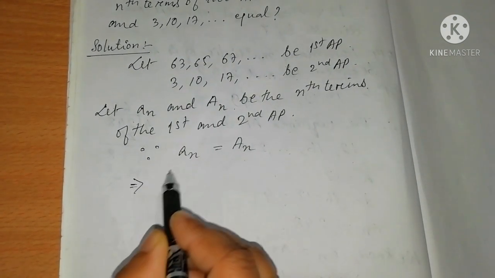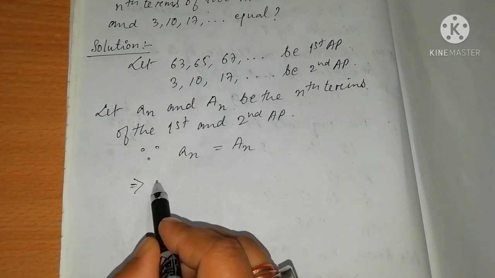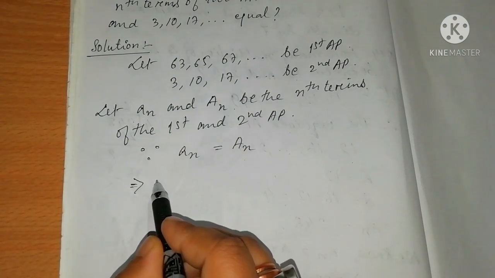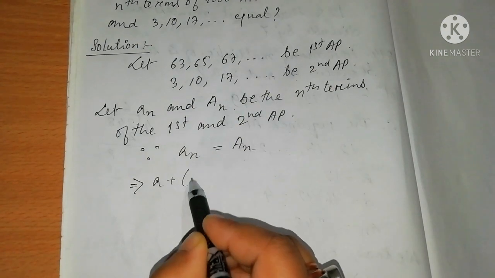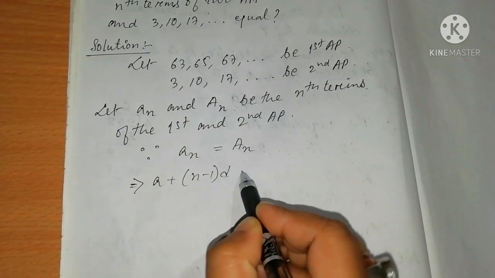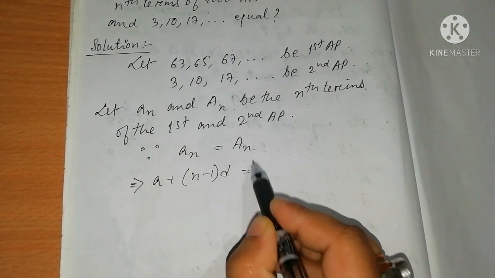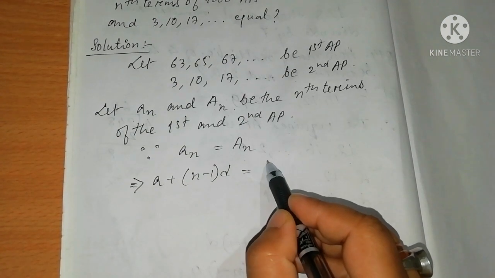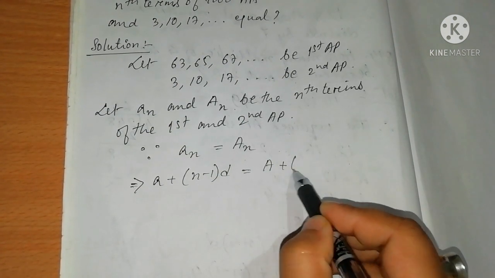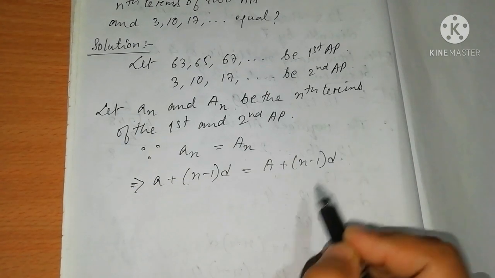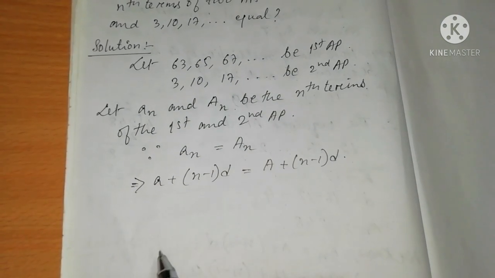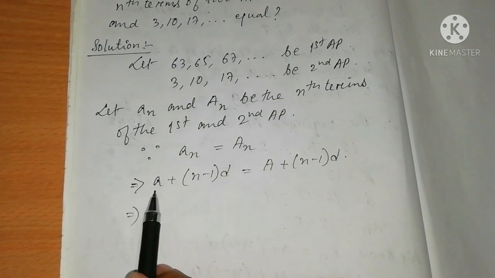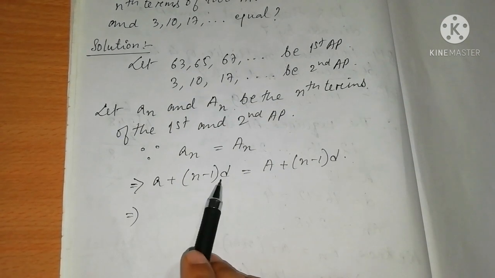For an we can write A plus n minus 1 D. Then for this we can write capital A plus n minus 1 D. In both cases, your first term and common difference are different.